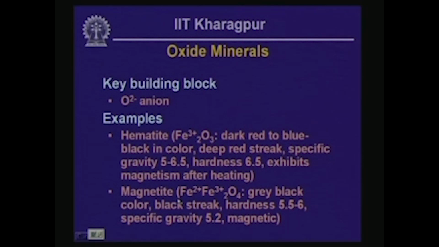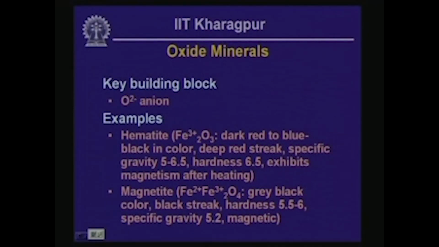Another mineral group that is also quite abundant is formed of different types of oxides. As the name suggests, in this case you will get oxygen ions, O-2 anion, present in the chemical structure. Examples of this class of minerals are oxides of iron, hematite and magnetite.